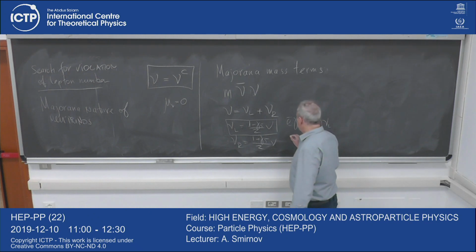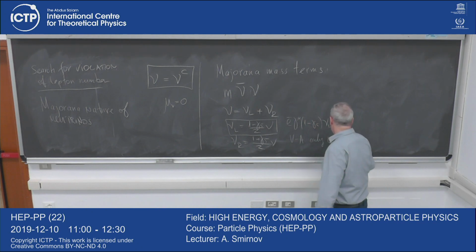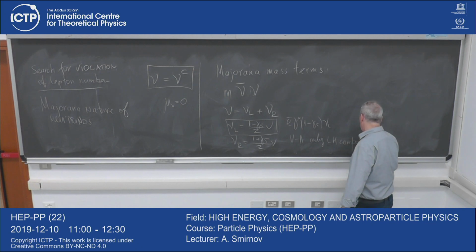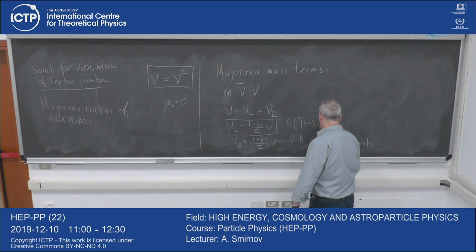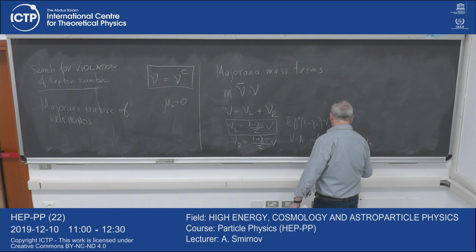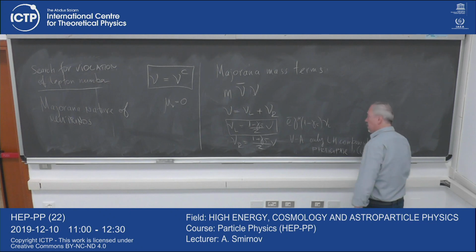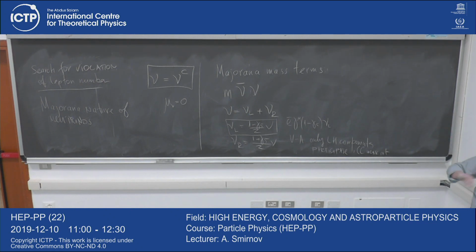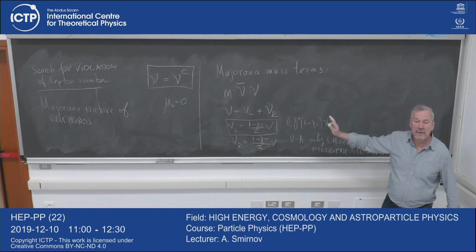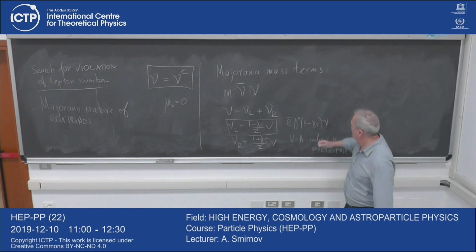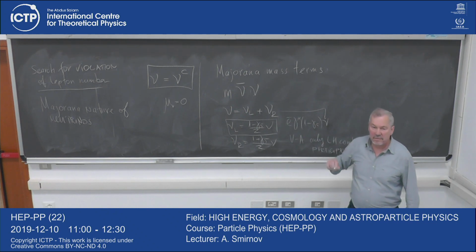So due to the V minus A nature, only left-handed components participate in weak charged current interactions, and also only left-handed components of the electron. If you just insert the decomposition into this expression for the current, then the other component will cancel because of projection properties.